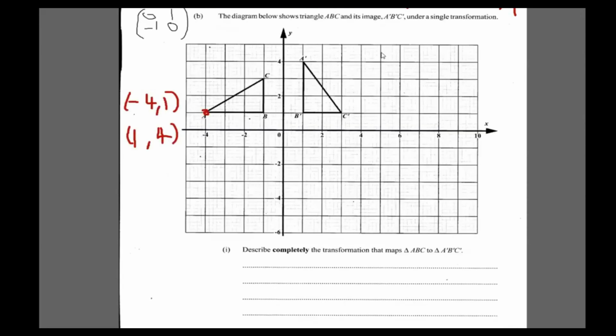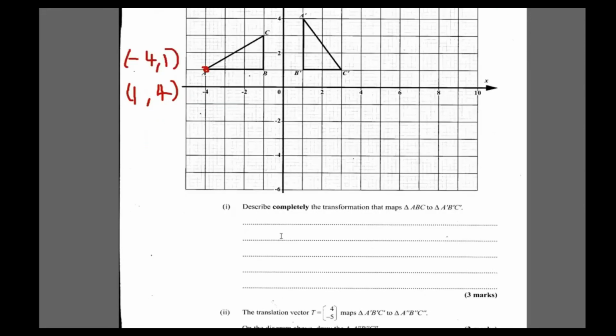The transformation is a 90-degree anti-clockwise rotation about the origin 0, 0. That's all it is.